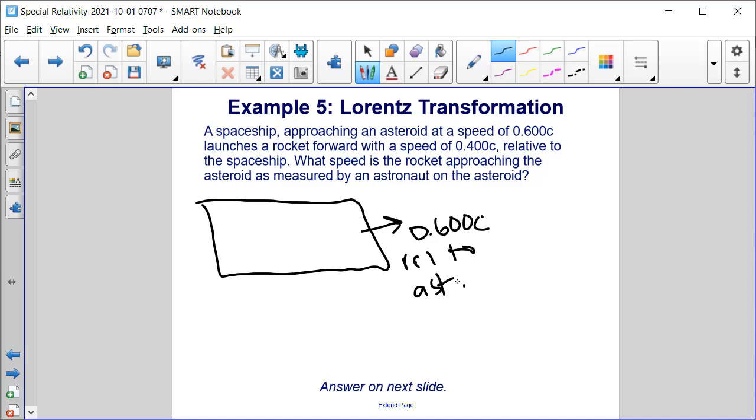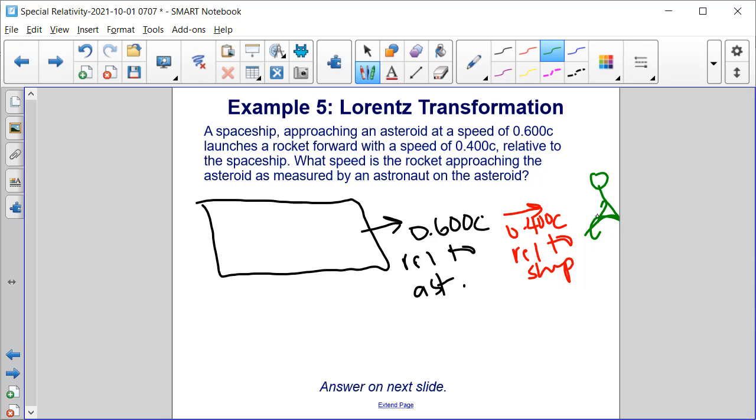It launches a rocket forward with a speed of 0.400 c relative to the ship. What speed is the rocket approaching the asteroid as measured by an astronaut? So over here is the astronaut on the asteroid.